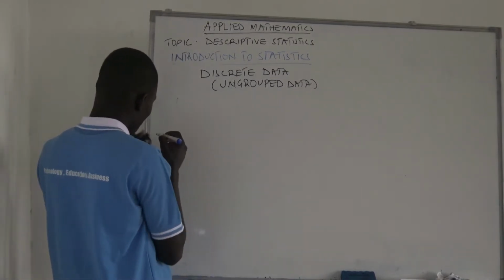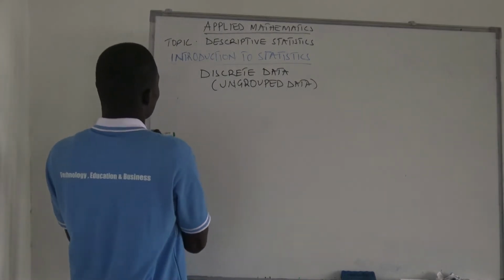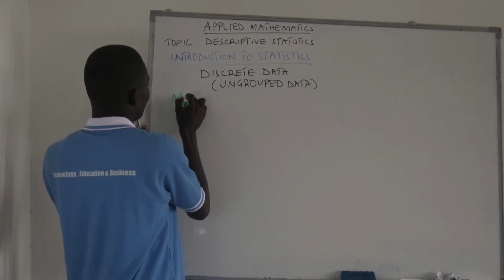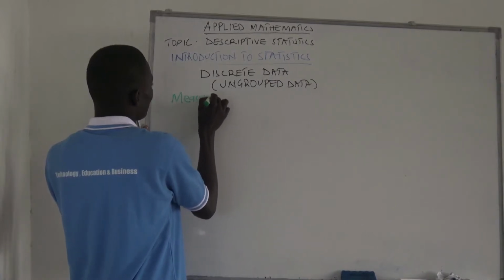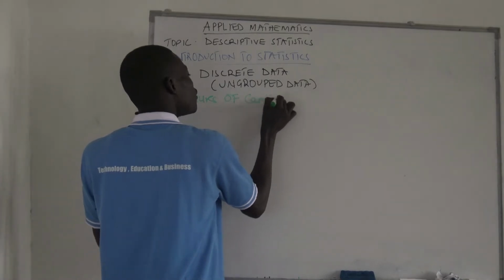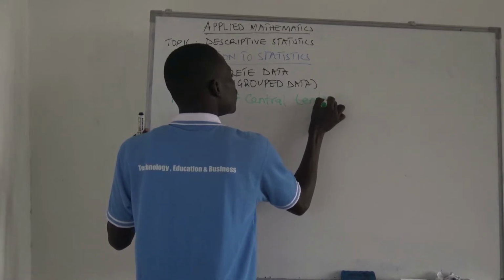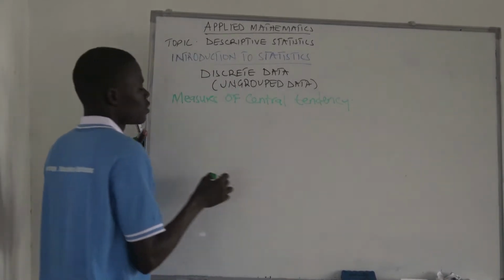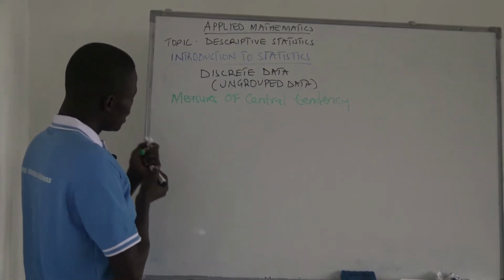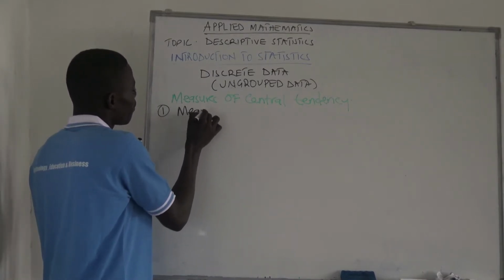So we are at measures of central tendency. The first one is mean.